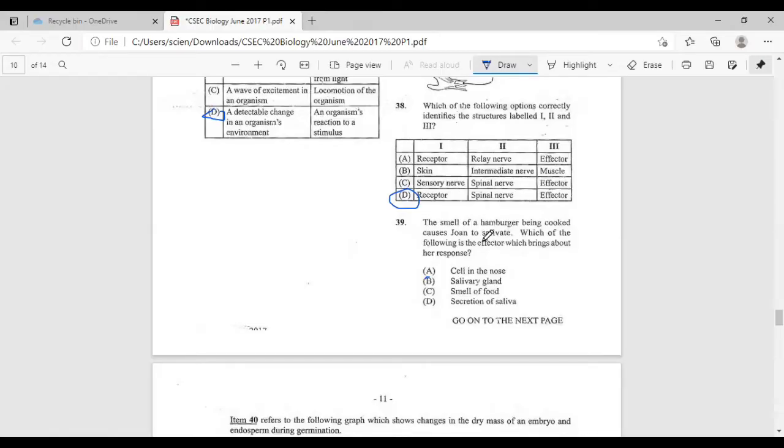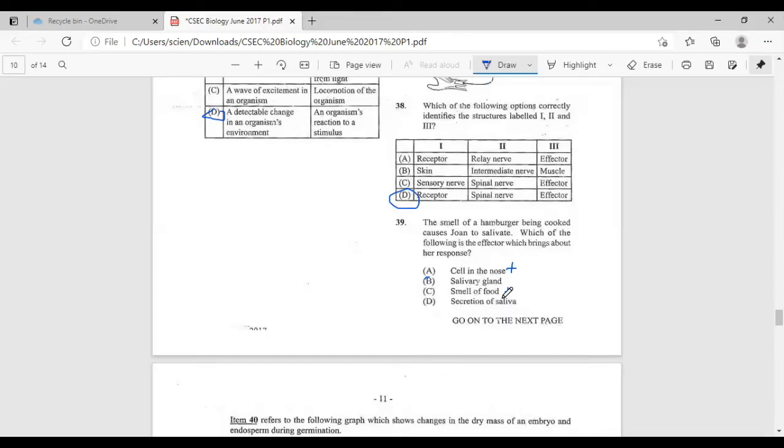So now the person is salivating. So what can help to bring about that response? So A, cell in the nose. So no, not necessarily. B, salivary gland. C, the smell of food. Not necessarily, because it would still relate back to the cells in the nose. And then D, secretion of saliva.